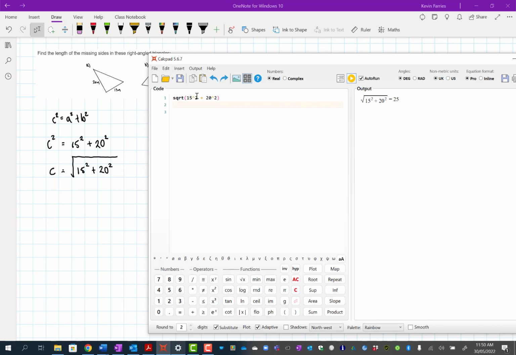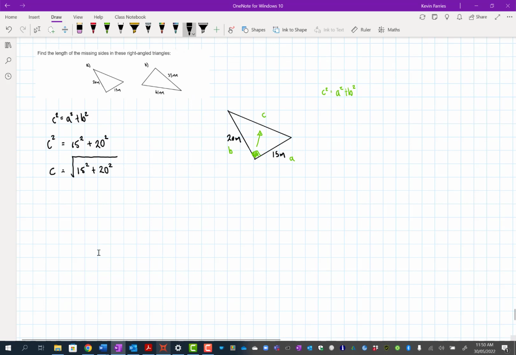It's 25, so this one is one of those special ones where it works out to be an exact number. It's 25, now it's 25 meters. So the missing side is 25 meters long.